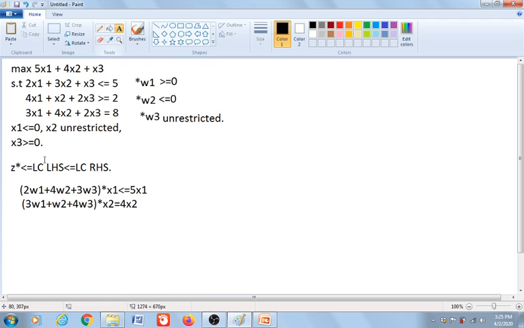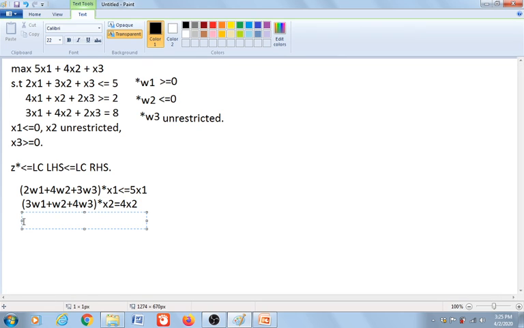And for the third one, what we have is (w1 + 2w2 + 2w3) times x3, and according to the theorem, it should be bigger than or equal to x3.